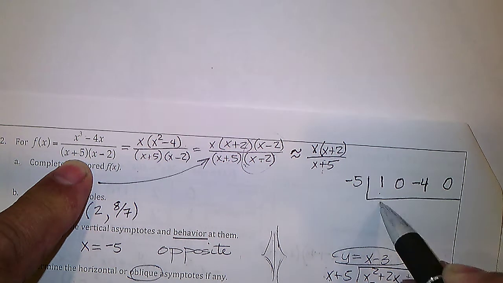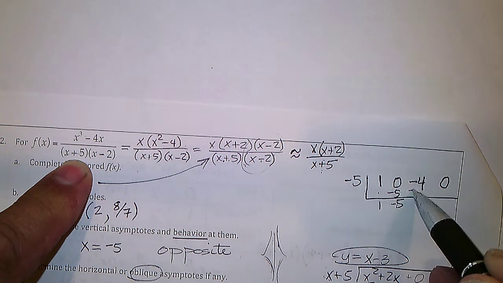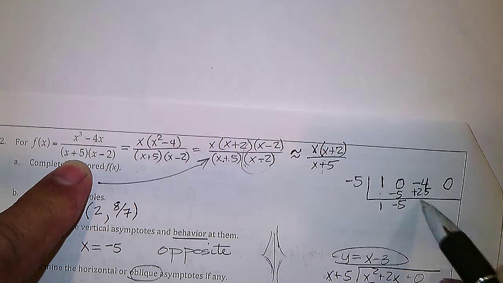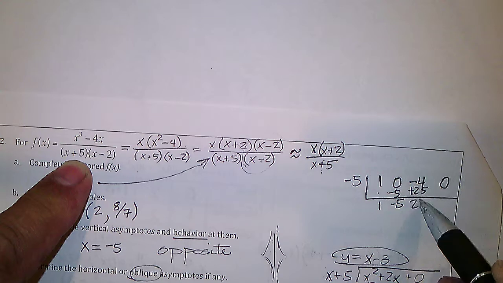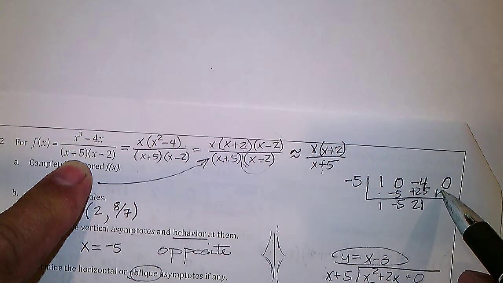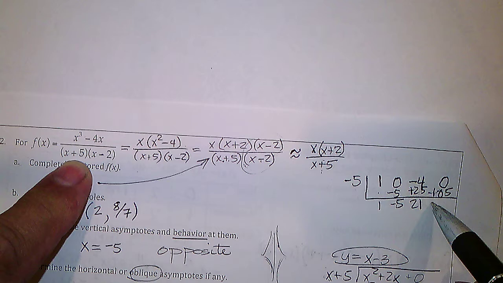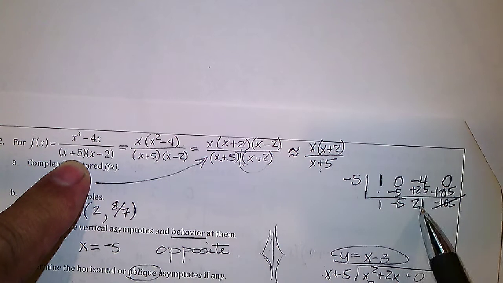That'd be 1 plus 0 is 1, times negative 5 is negative 5. Add, I get negative 5. Multiply, I get positive 25. Add, I get 21. Multiply, I get 105, so negative 105. But I don't care that it didn't go in evenly. I just want to work on this one.